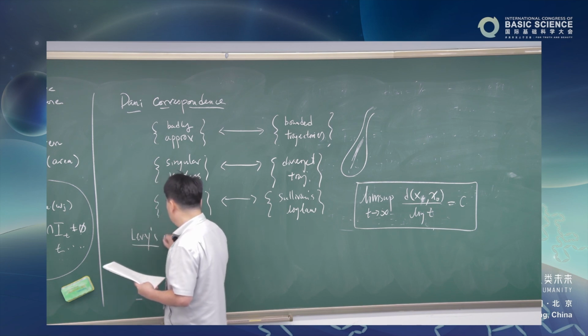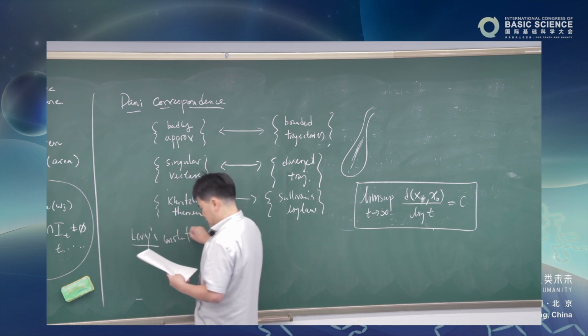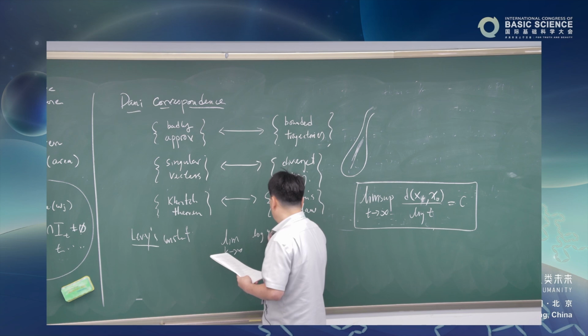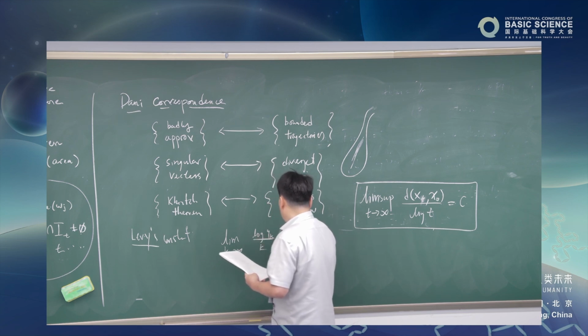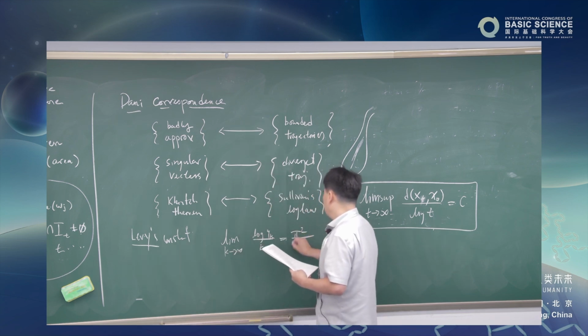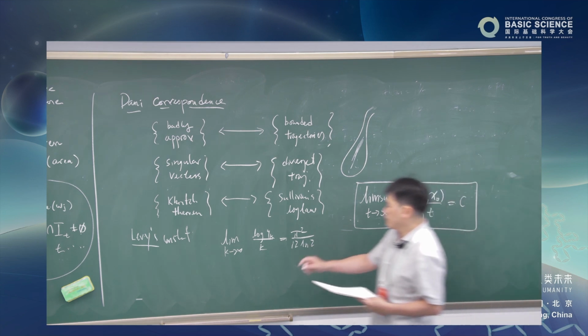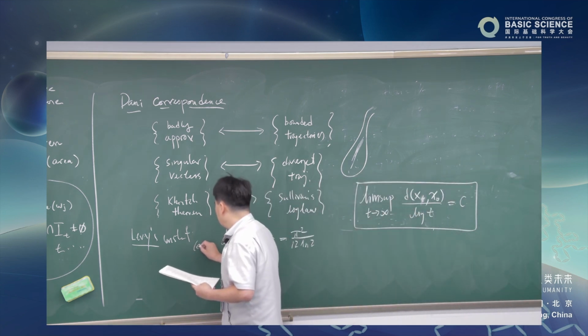I'd like to mention Levy's constant, which is the growth rate of the approximation denominators. It's something like pi squared over 12 log 2. This is the generic growth rate, so this is for almost every real number.